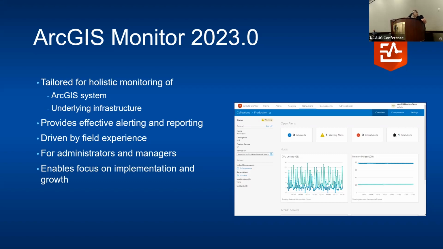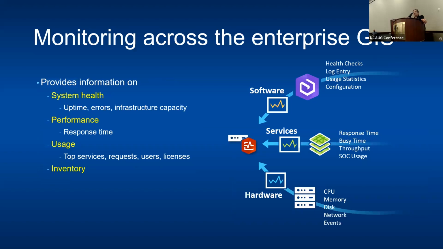In the past for me, I've had users call me and say, "Oh, Joe, something's going on with enterprise. It's working really slow. I can't get this one map service to work." Well, I would go over to ArcGIS Monitor. I'd find that map service and I'd see what the metrics were on it and that would help me figure that out. Now, ArcGIS Monitor manages a lot of information across your enterprise.